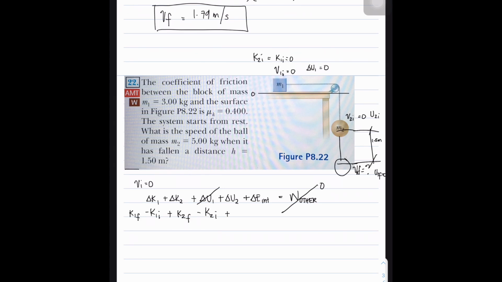For U2 we have U2 final minus U2 initial, is equal to negative FkΔx. Since K2i and K1i are both 0, let's cancel them out, as well as U2F, that's also 0, leaving us with K1F plus K2F minus U2F is equal to negative fkΔx.